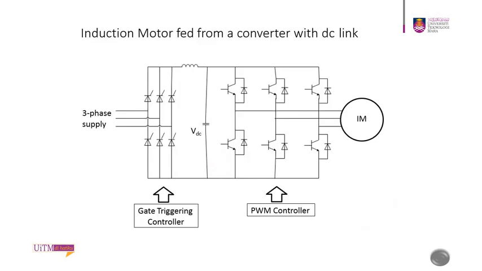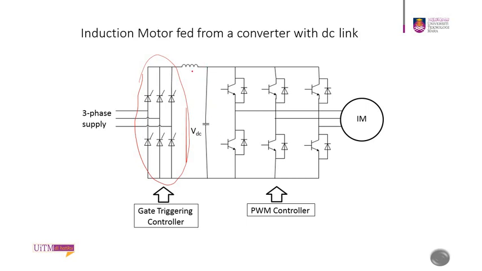Another method is to use two-stage converters with a DC link. First you have the rectifier circuit, which will dictate the supply voltage by triggering the firing angle for the voltage.